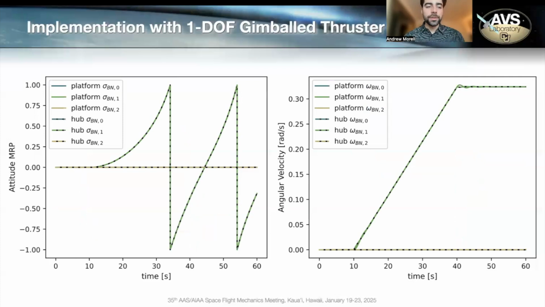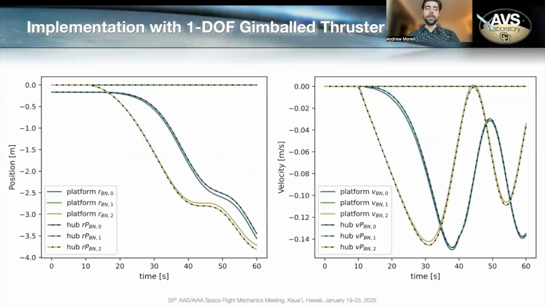Effectively no perceived difference in the attitude, but if you look at the transient periods for the starting and ending of thrusting in the angular velocity, with that larger deflection, we see a larger deviation from the hub-excited behavior on our hub. And we also studied the translational states. So we can see, especially over just this 30-second initial time period, already a drift as we see divergence between the motion under hub-excited versus platform-excited flexing.